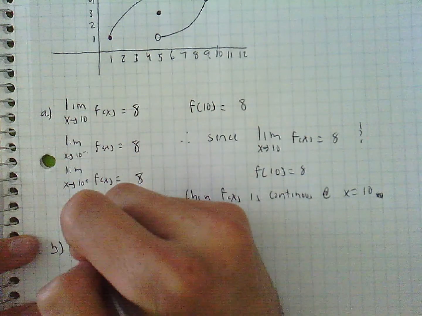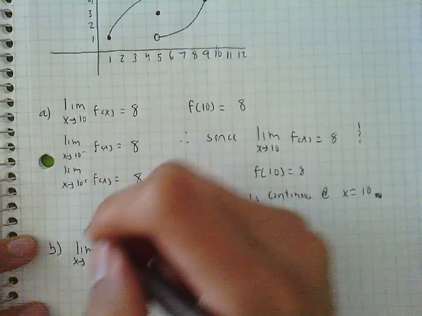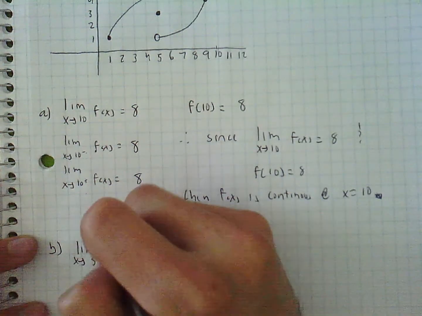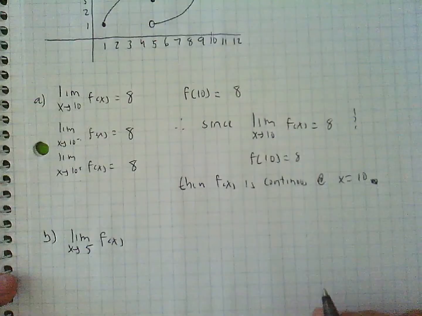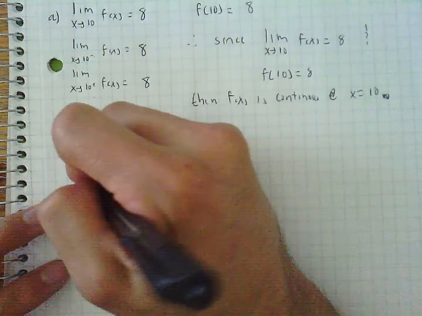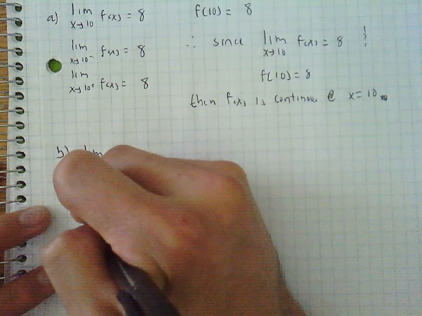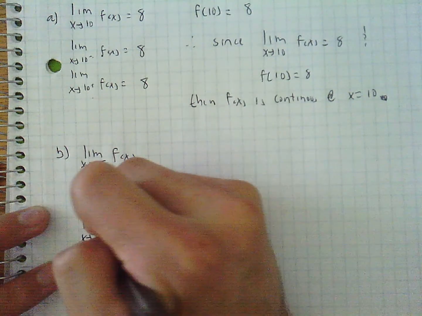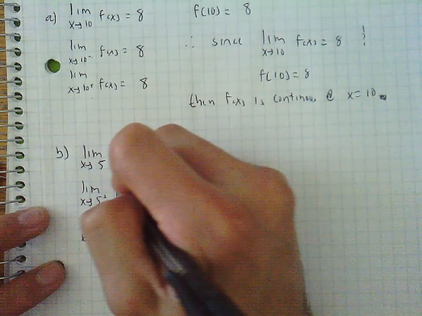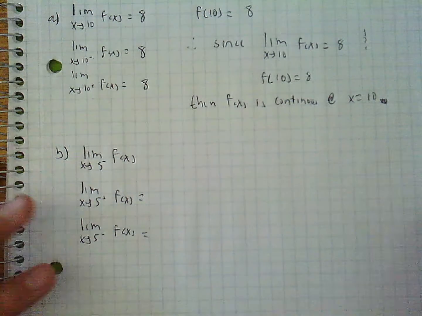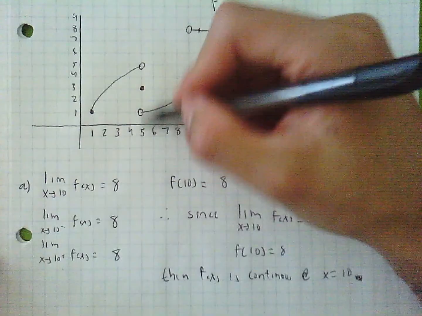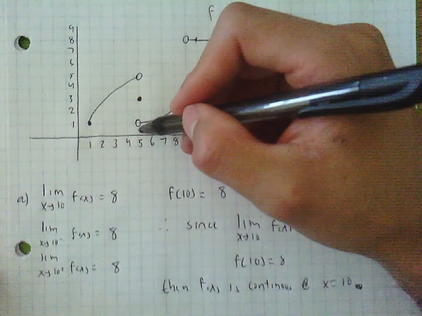What is the limit as x approaches 5 of f of x? Once again, you don't have to write this down, but I'm going to ask myself, what is happening from the right? What is happening from the left of that function? So here's 5.